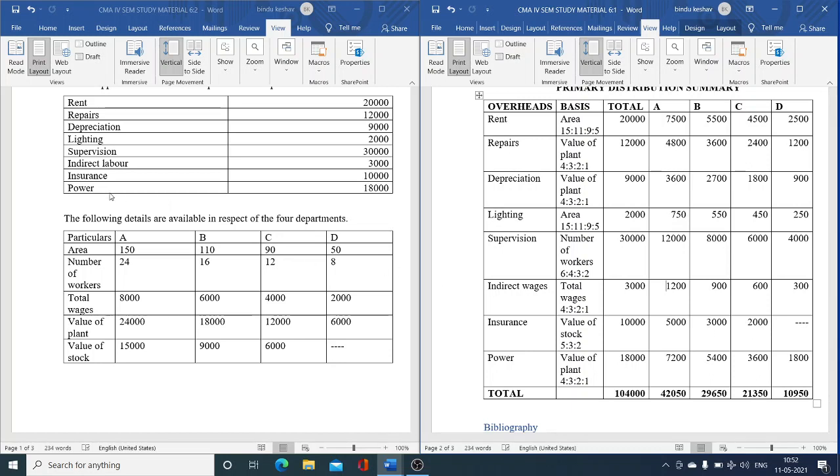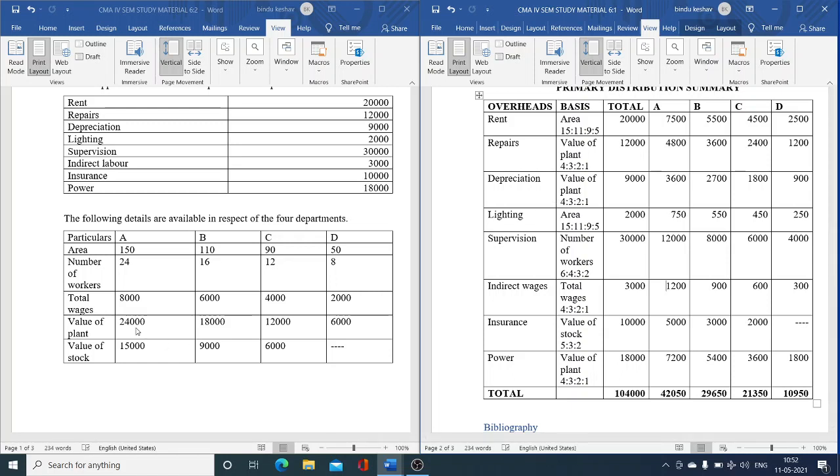The next item is power. Power is 18,000. We do not have information about the kilowatt hours. So what we do is, power is used for machines, so the basis of apportionment which can be used for power is the value of plant. We have the information here: 24,000, 18,000, 12,000 and 6,000.